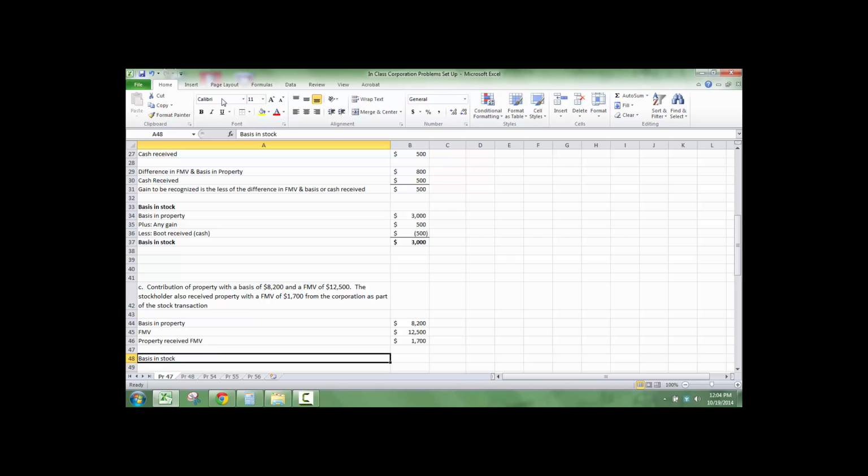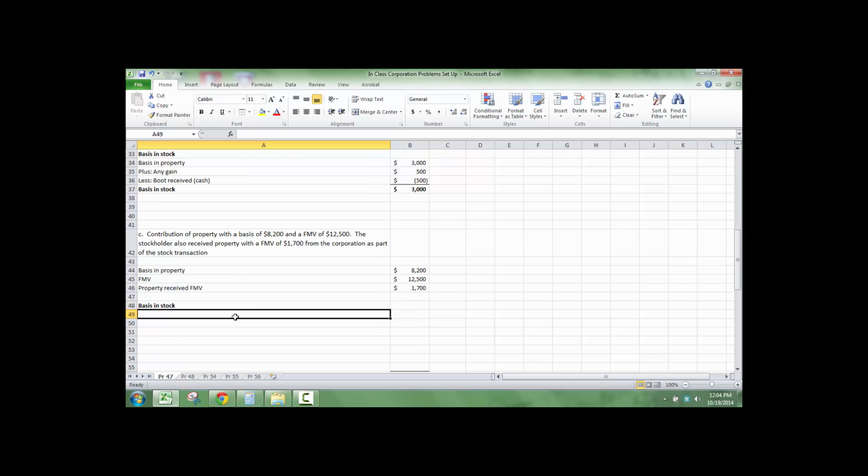So in order to calculate this, first we must find the difference in fair market value and basis in the property. So the way that we're going to do that is property received. We're going to take the 12,500 and subtract the basis in the property.